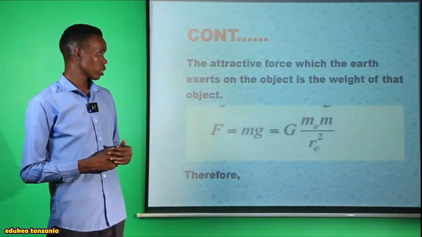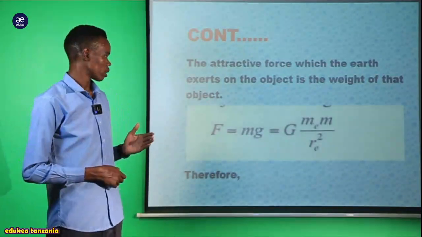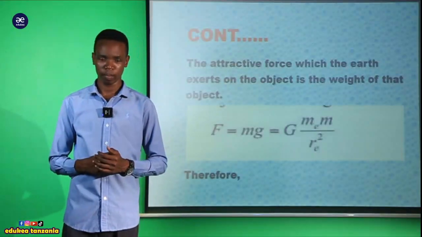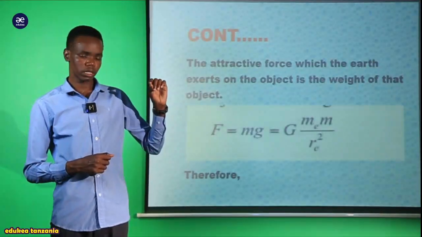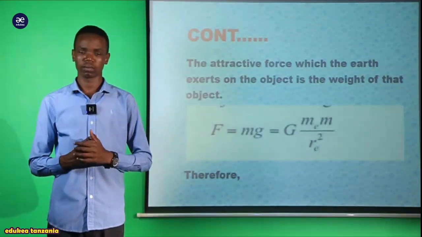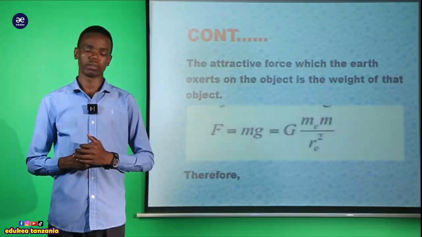So the attraction force which the Earth exerts on an object is the weight of the object, as I tried to explain. Because the center of the Earth provides the downward force, or the force of attraction, which is called the weight.